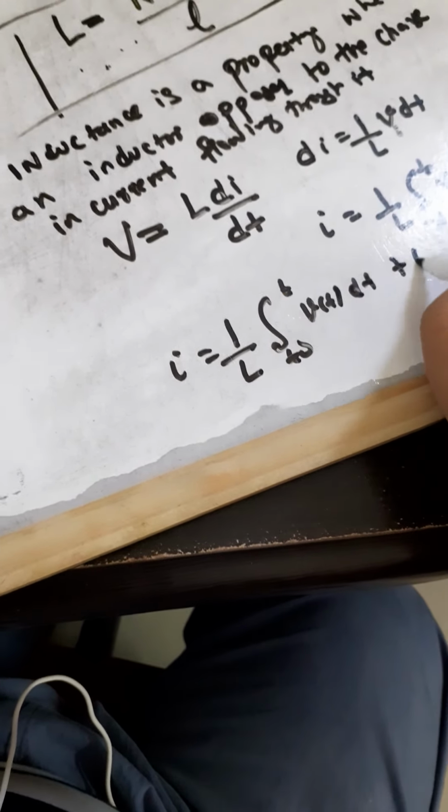This is the initial amount of current. So an inductor stores energy in a magnetic field, and the quantity which is governed in an inductor is current, whereas in a capacitor you take voltage.